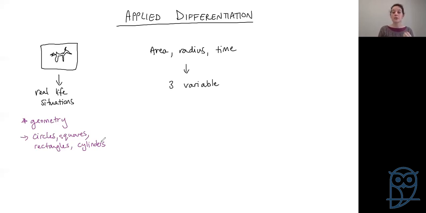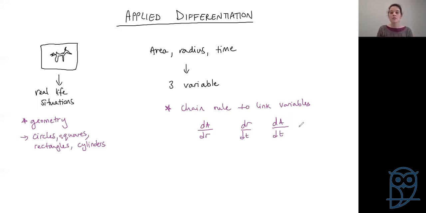When it comes to the three variable applied differentiation, this is where we are using our chain rule to link. So here we would have things like dA by dr, we would have dr by dt, and we would have dA by dt, and we'd have to think, okay, where does my chain fit in?